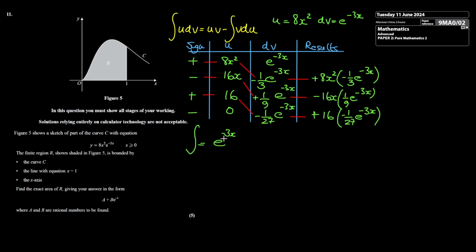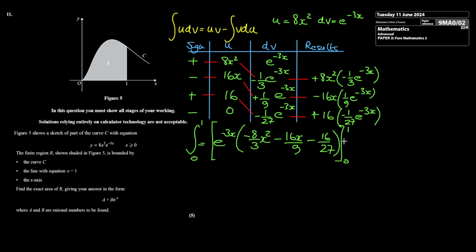So all we need to now do is add up the results. Our integral will be equal to, well, let's take e to the minus 3x out of it all. This is negative 8 over 3 x squared minus 16x over 9 minus 16 over 27, and of course there will be a plus c. Now our limits were from 0 to 1.